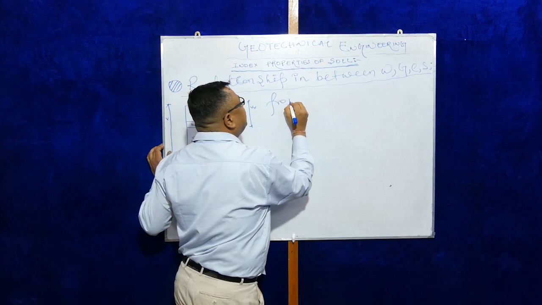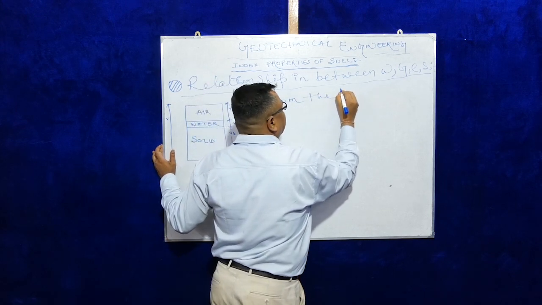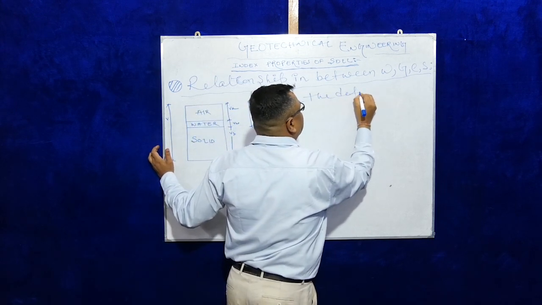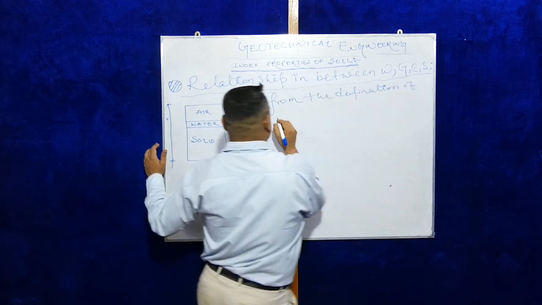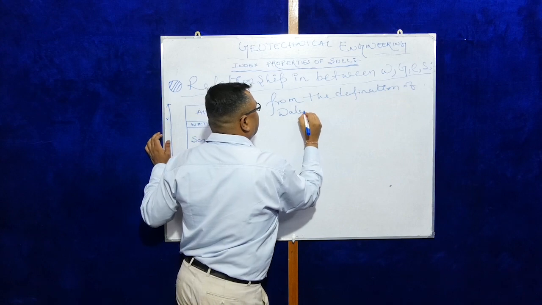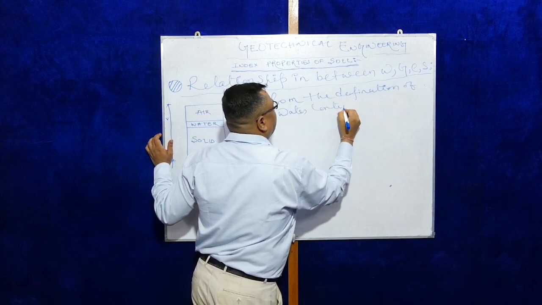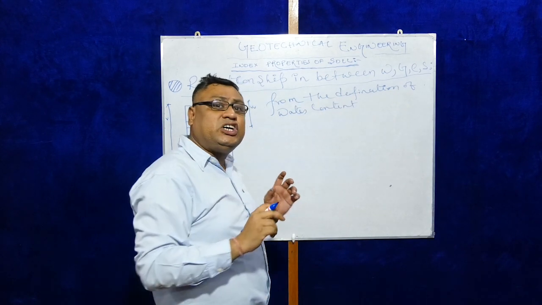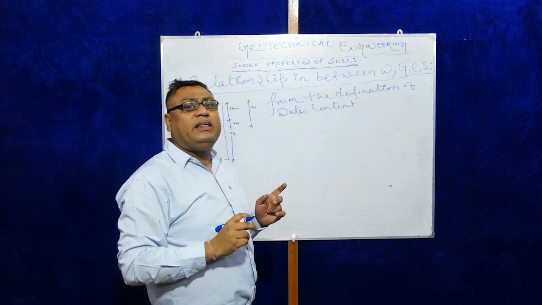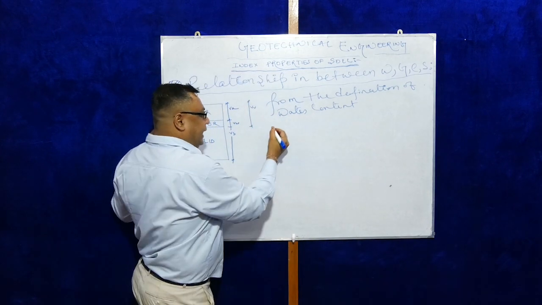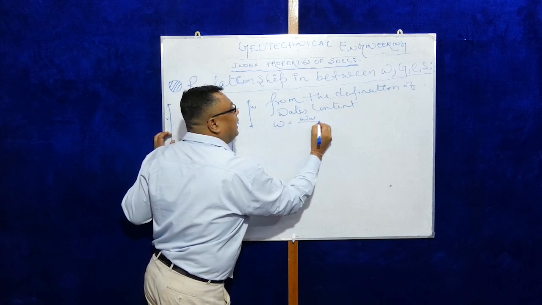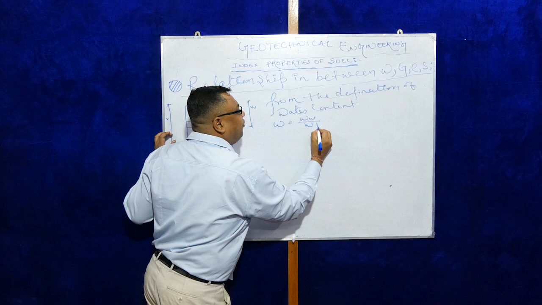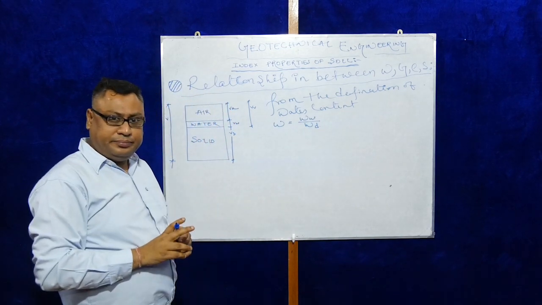From the definition of water content: what is water content? Water content is defined as the ratio of weight of water to the weight of soil solid.